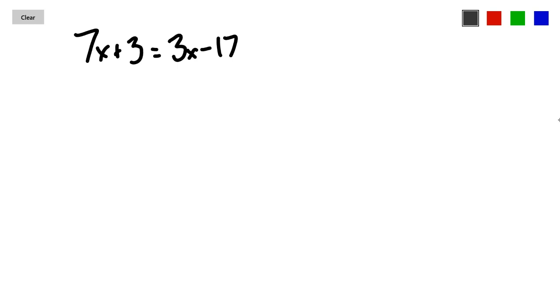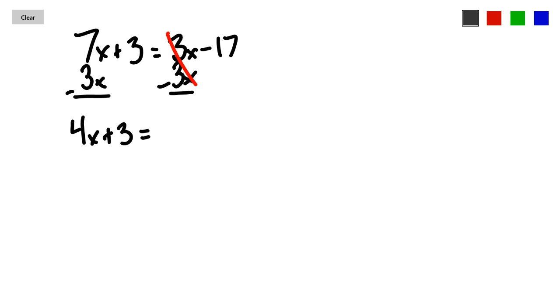I am going to subtract a 3x on both sides. 3x minus 3x is 0, and then I have 7x minus 3x, which is going to give me a 4x. The plus 3 stays the same, and the minus 17 also stays the same. So we have one less term on the right-hand side, and all the x's are combined together.